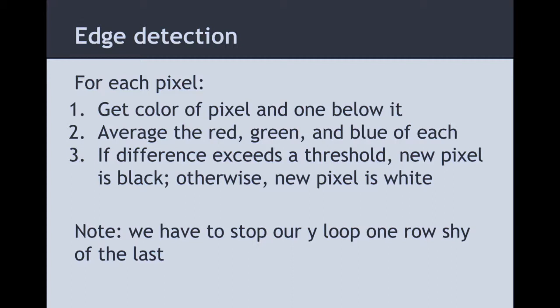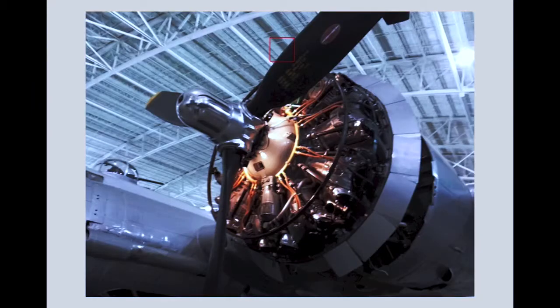Now, one thing we'll have to look at that will change our loops slightly from what we showed in the last video, and that is our Y loop, the one that's looking at the rows of pixels. We'll have to stop one row shy of the last row in the image. So if we go back to our airplane image, here's the picture, and here's the filtered version.